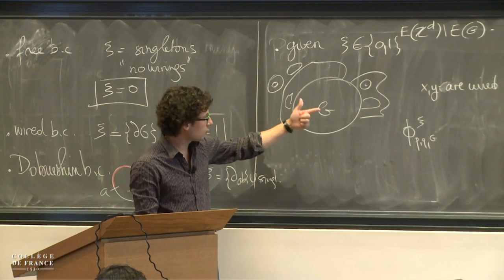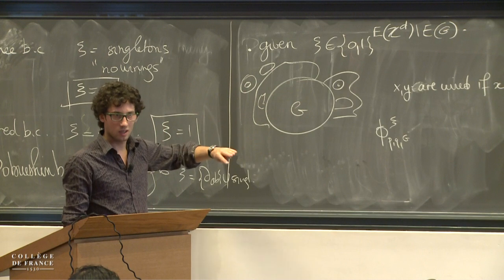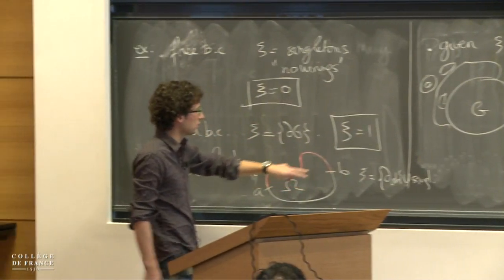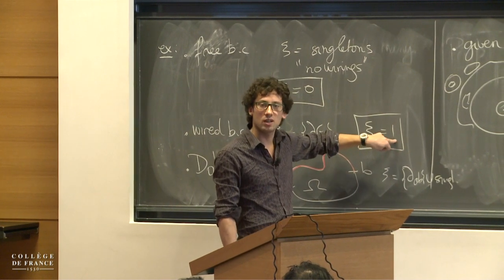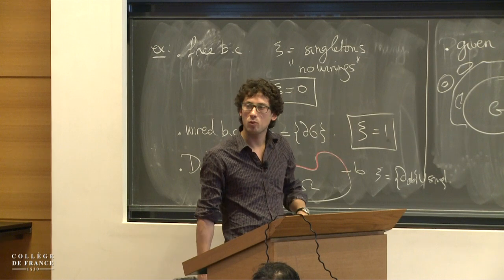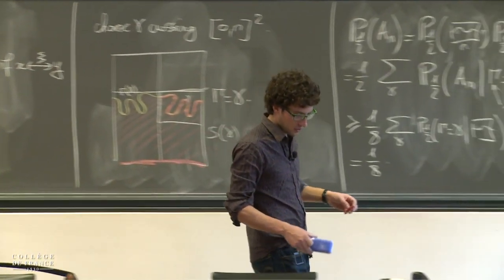If, on the other hand, all the edges are open and there is only one arc on the boundary, so if, for instance, I'm simply connected, then I will recover exactly these boundary conditions. Everybody is wired together. That's why I put 1 here. So that's examples of boundary conditions.